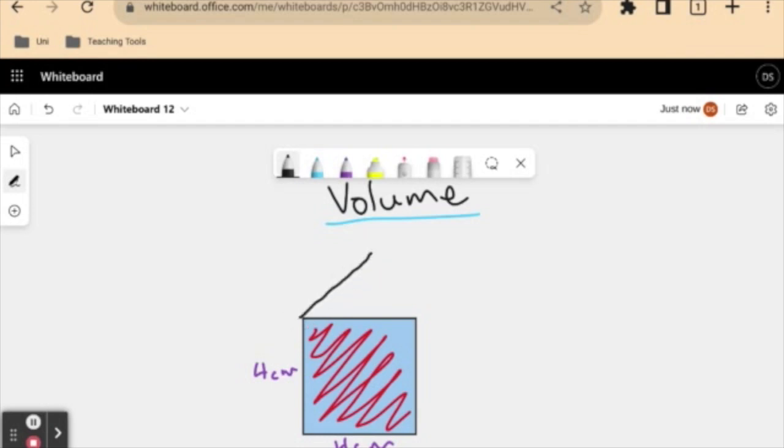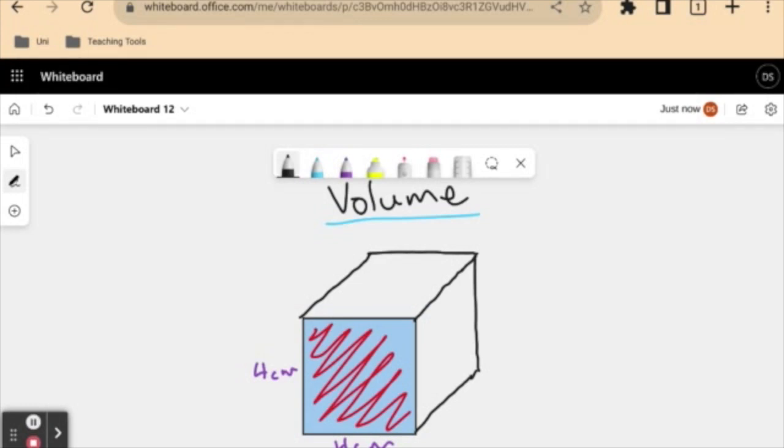So there is an associated depth in a lot of our real world objects. And this is where you get a 3D shape.